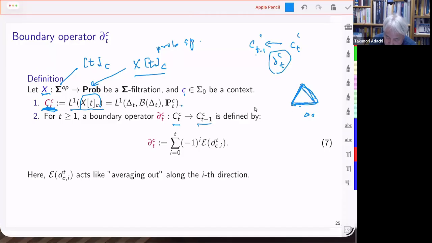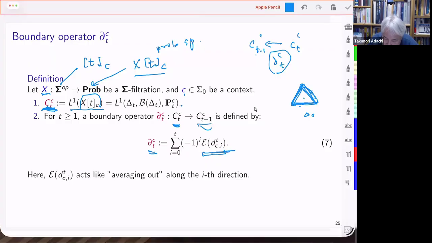This is the boundary of the triangle, right? The union of these three edges is, of course, the boundary of the whole triangle. So this map goes from C_{t2} to C_{t1}, and is defined by the alternating sum of the conditional expectations to each face.